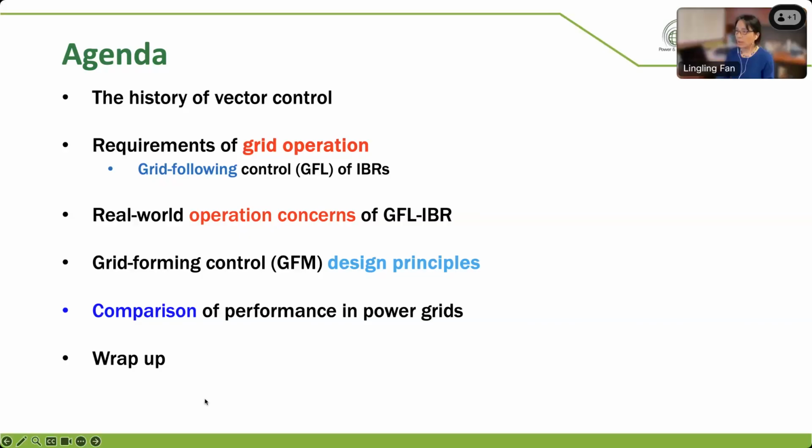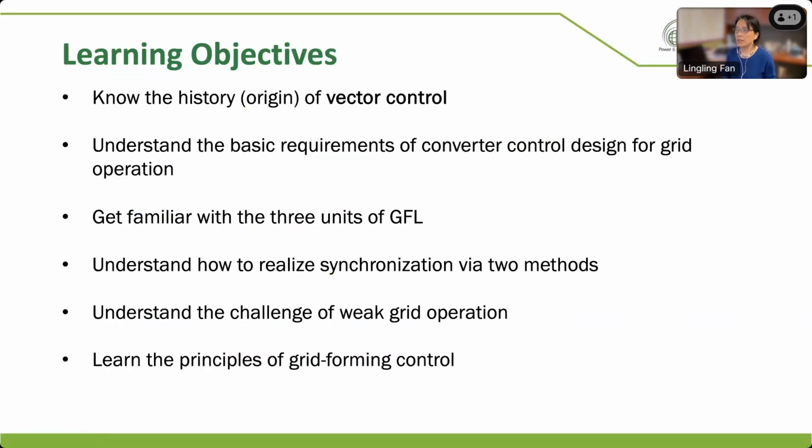Thank you. All right, we will move forward to the learning objectives. Hopefully after today's talk, people will know the history or origin of vector control and understand the basic requirements of IBRs, and maybe get familiar with the 3 units of the grid following control that we will talk about today, and at least understand how to do the synchronization, which is very important for grid operation, using 2 methods.